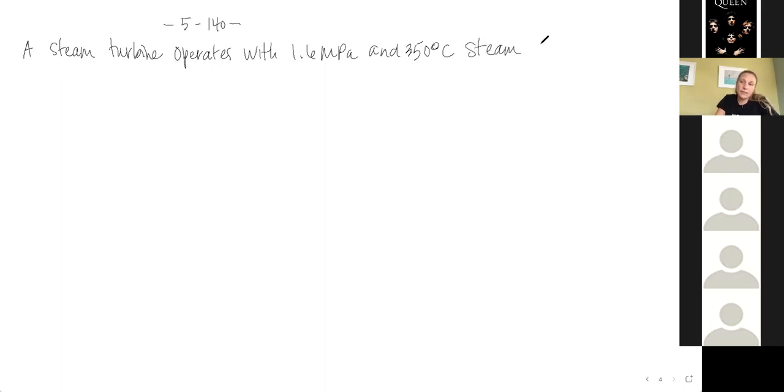A steam turbine operates with 1.6 megapascal and 350 degrees Celsius of steam at its inlet, and saturated vapor at 30 degrees Celsius at its exit.